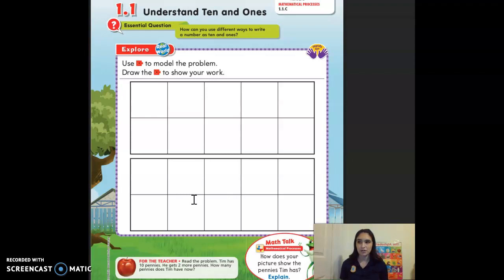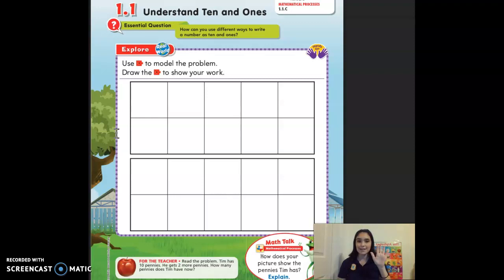So first what we're going to do is find out how we can use this 10 frame right here and the connecting cubes to show how many pennies Tim has to start. So who remembers the number I said? How many pennies did Tim have at the very beginning?